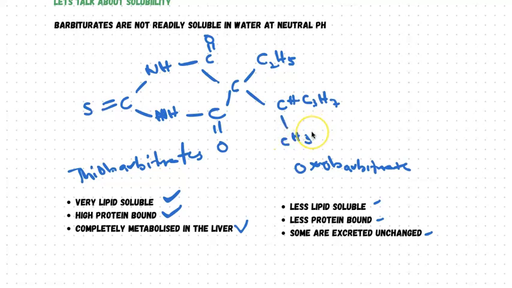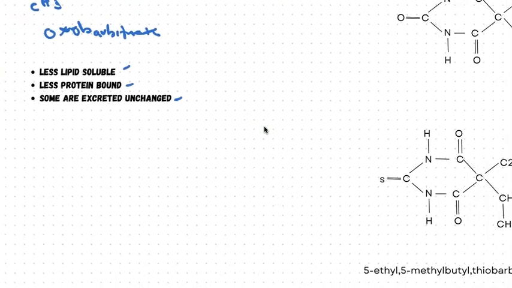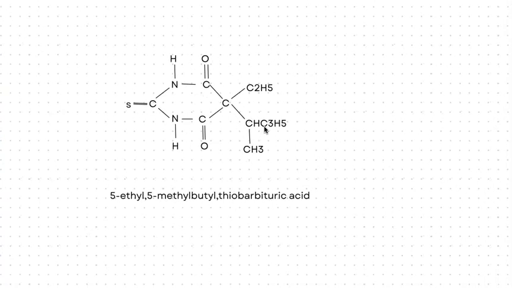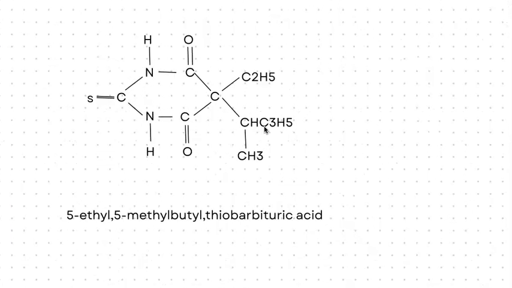The name of this compound is 5-ethyl 5-methylbutyl thiobarbiturate, or something more formal. Here is the drawing: you have the N, carbon, N, carbon, carbon, carbon, where carbon number 5 has this ethyl and 5-methylbutyl thiobarbituric acid.